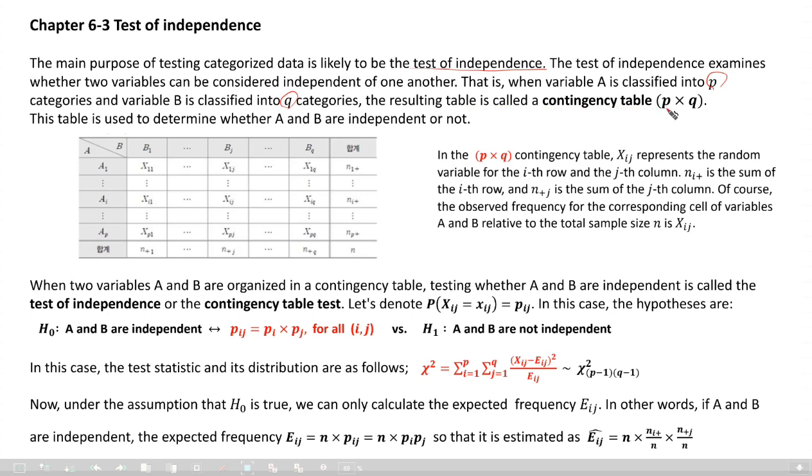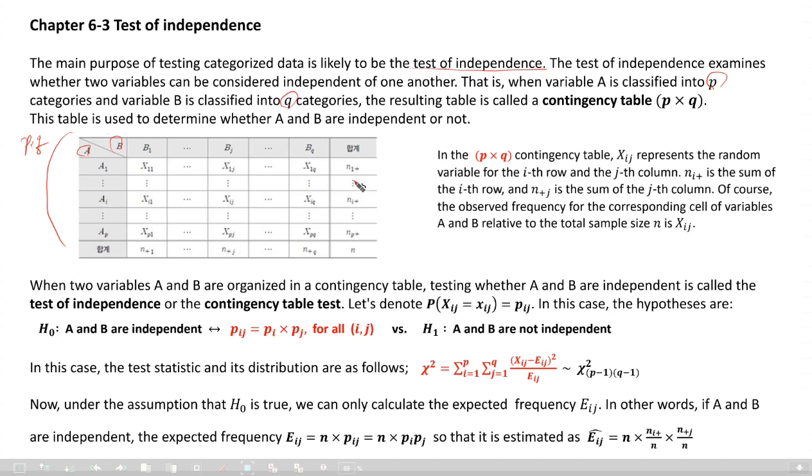Dimension P by Q. This is the form of a contingency table. There are A and B. A is classified into P categories, B is categorized into Q many. So we call it a P by Q contingency table.